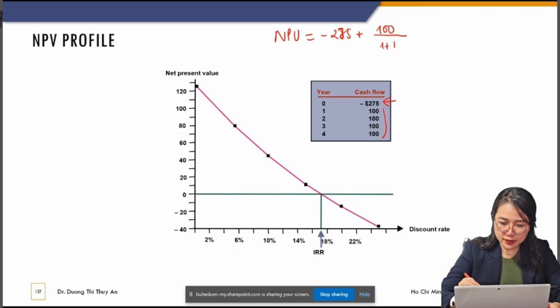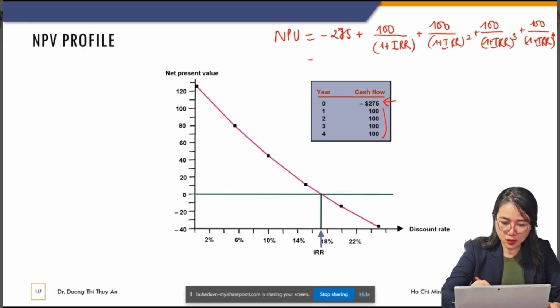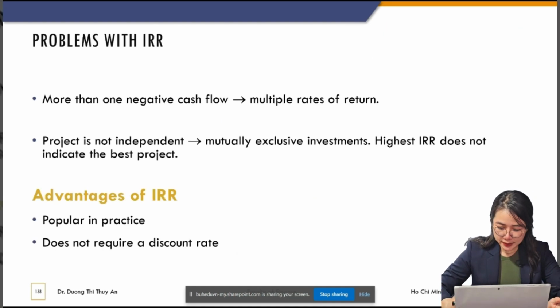Sorry, I find the IRR. And then I set this equation to 0 and solve for IRR.